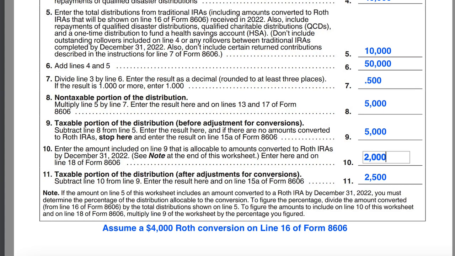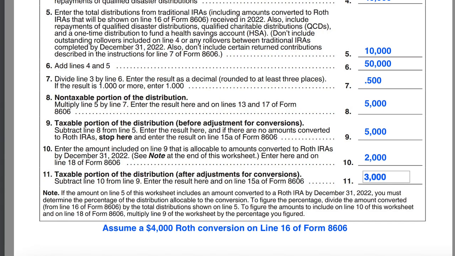And that's allocable to the Roth conversion. And now we're going to subtract that $2,000 from the $5,000. And we've got a $3,000 portion of the distribution that is not related to the Roth conversion. So we would report those in those respective lines of Form 8606.